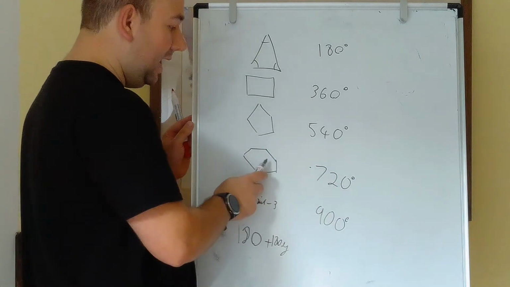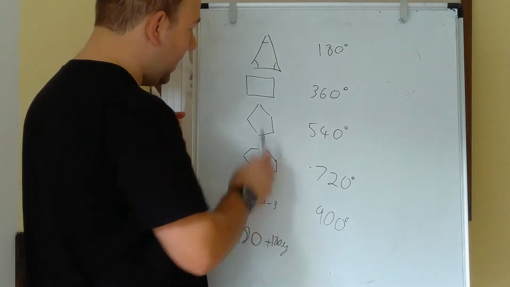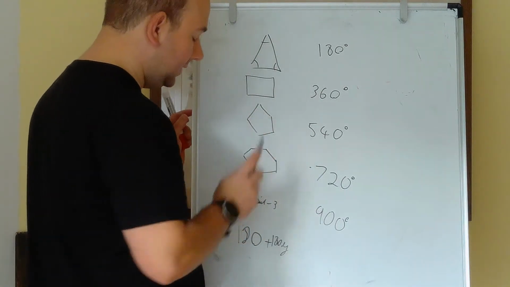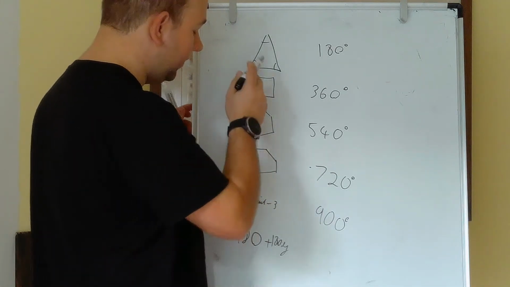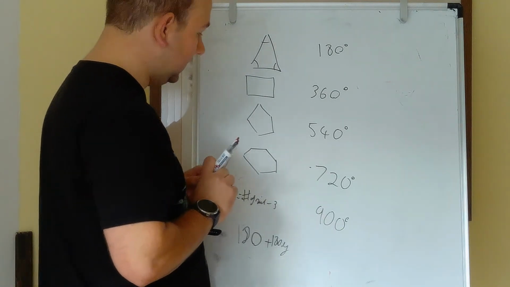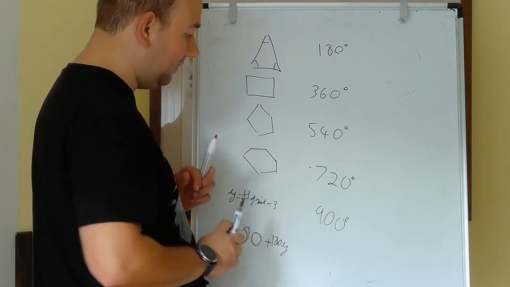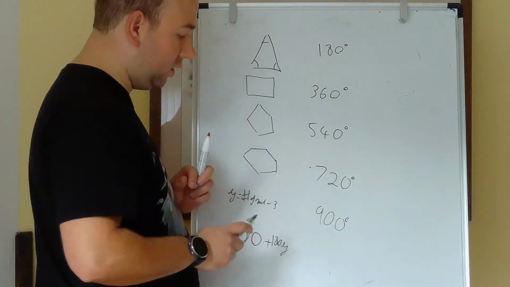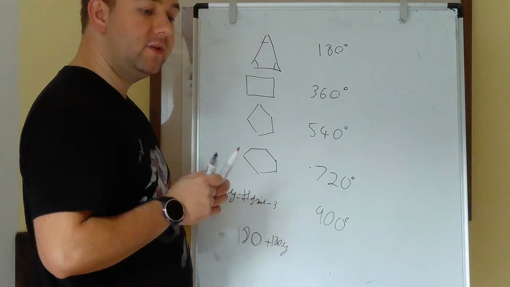If we take, say, the hexagon, then it is the number of sides, which is 6, minus the number of sides of the triangle, which is another 3. So 3 times 180 is 540. Add that to the 180 equals 720. So you can see that this formula seems to run true for that.